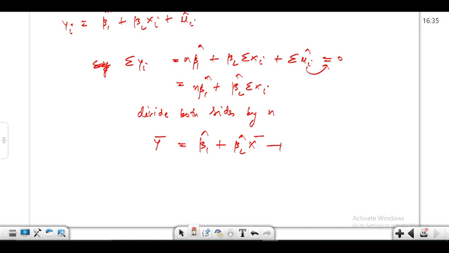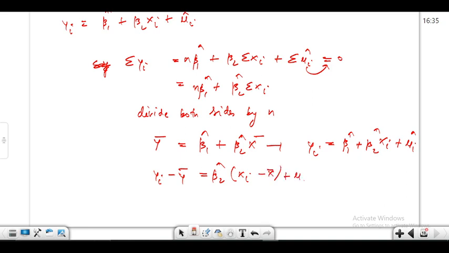Okay, and if I subtract this equation from yi equal to beta 1 hat plus beta 2 hat xi plus ui hat, I have to subtract this from this. So what I get is yi minus y bar, which is equal to beta 2 hat into xi minus x bar plus ui hat.